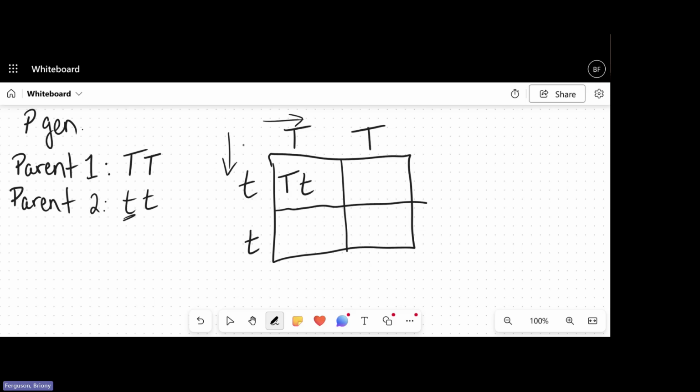You could read yours down the side and across the top, just stay consistent. Now, obviously, nothing is changing here. So we're going to pull this all the way down to here, and then pull this one all the way over to here. Do the same thing for these, pulling this one down.